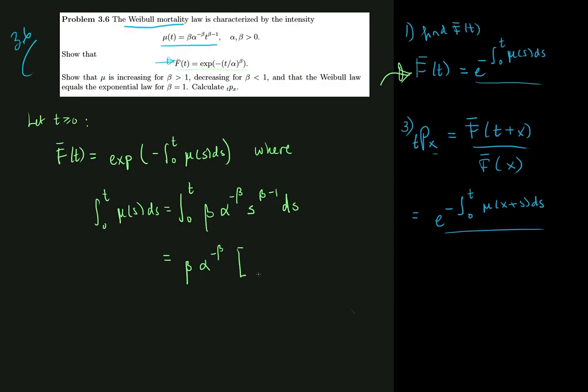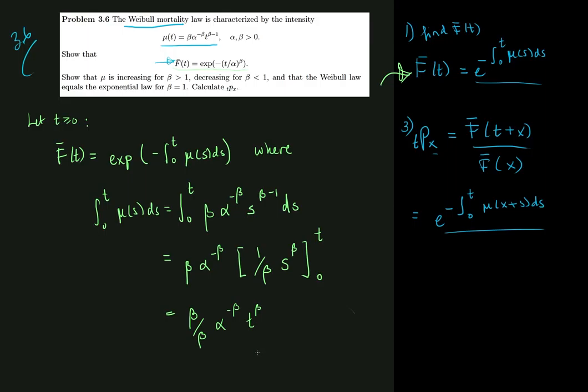which after I find the antiderivative of that, is given by 1 over beta multiplied by s to the beta, evaluated in t minus this evaluated in 0. So the term where I evaluate in 0 just vanishes because I have 0 here. So I only have the first term with t, where I have beta over beta times alpha to the minus beta times t to the beta.